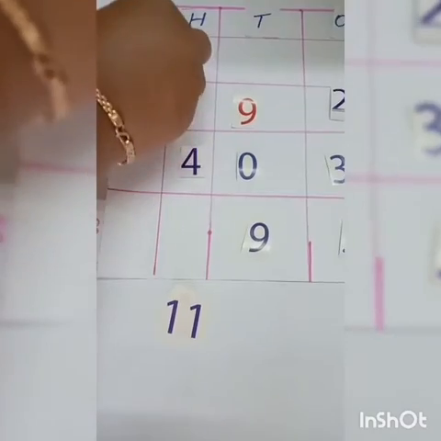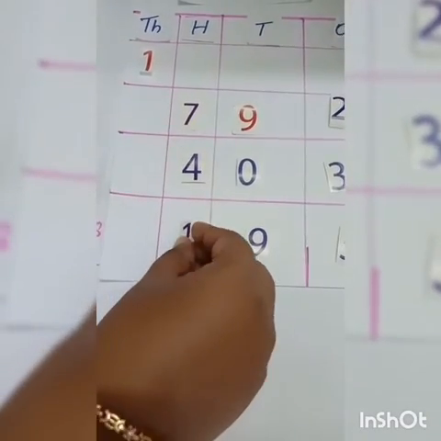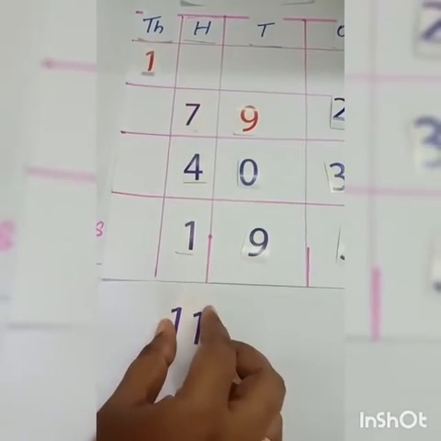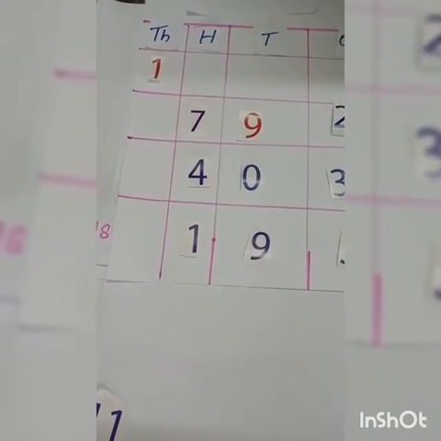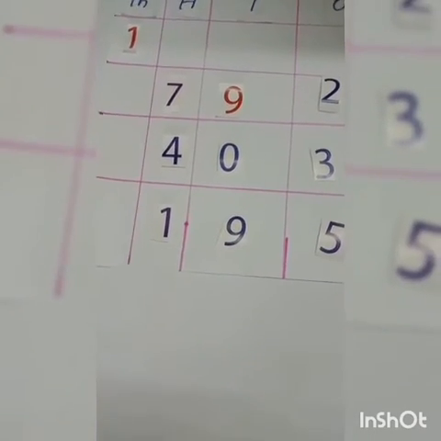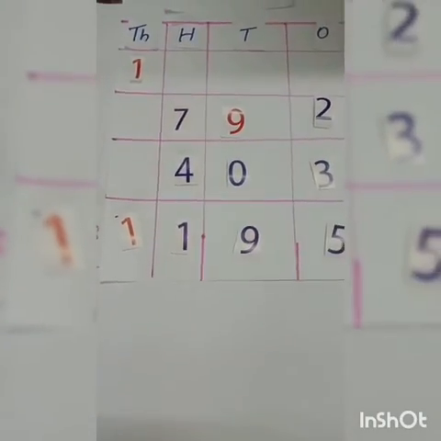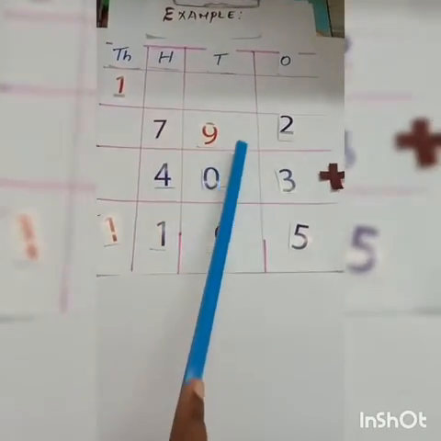Carry forward 1000 to the thousands column. Step 4. Add the numbers in thousands column. That is 1 plus 0 plus 0 is equal to 1000. Thus the sum of 792 and 403 is 1195.